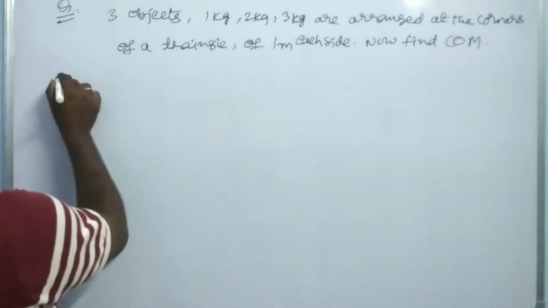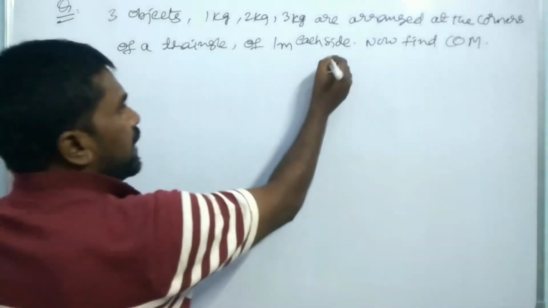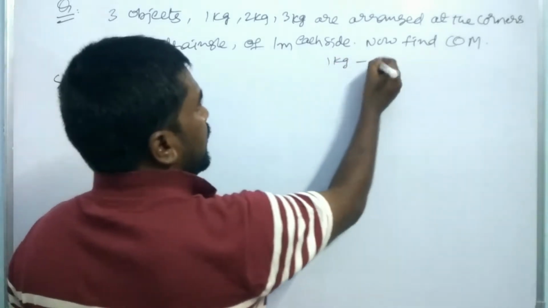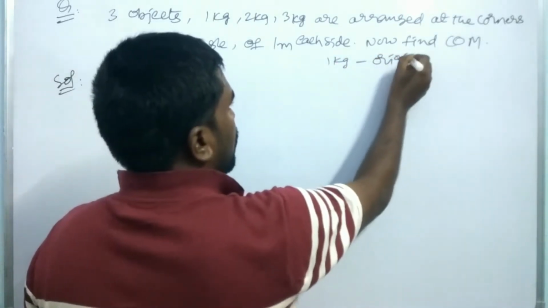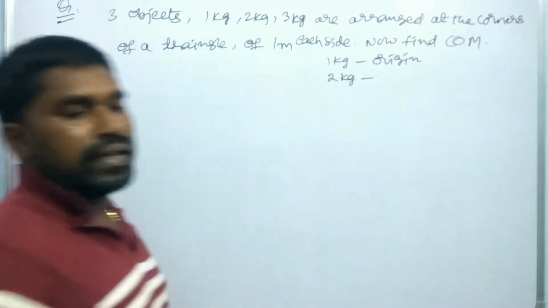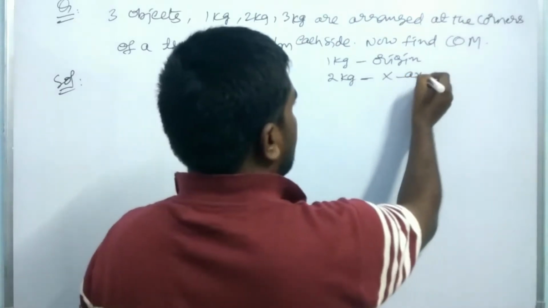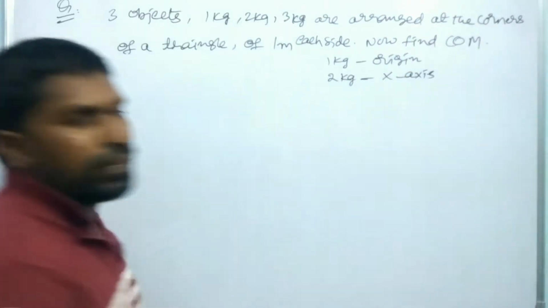So how can we find the center of mass of the system? The condition is that 1 kg is at the origin, 2 kg is on the x-axis, and the remaining one is in the xy plane.